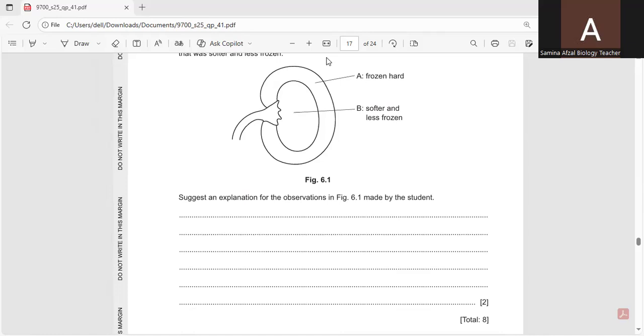So higher solute concentration also lowers the freezing point. The kidney structure is designed to create a concentration gradient for efficient water reabsorption. I will write the proper answer on the given place.